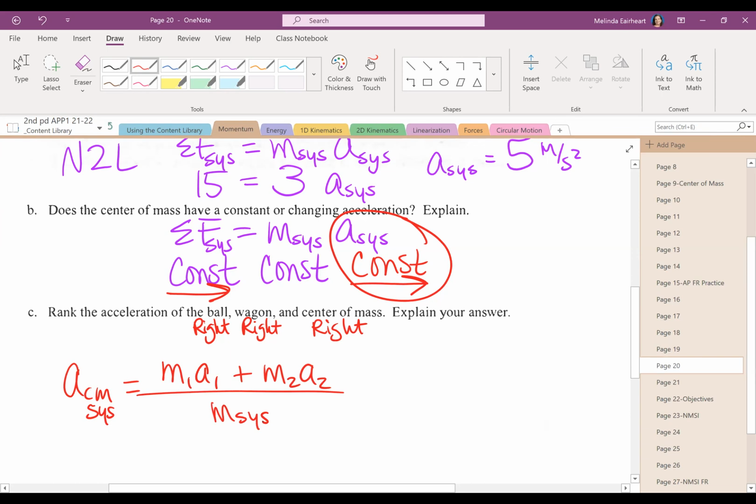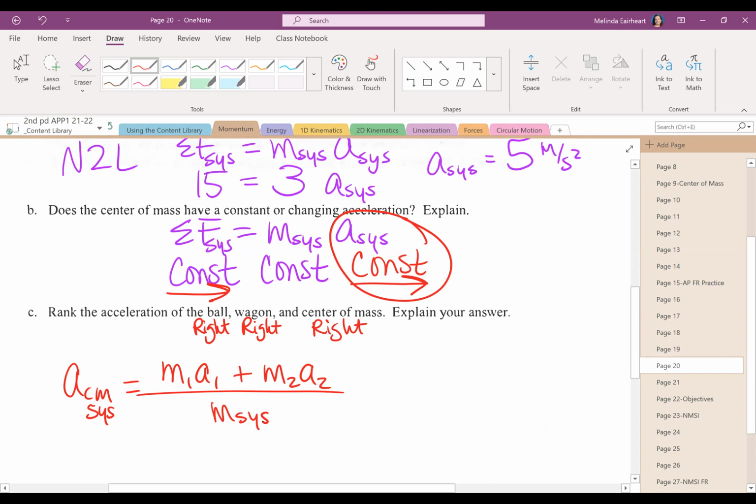So we had mass weighted position as our center of mass equation. And then later we said, oh, well, your system, you can do the same thing for velocity. Well, guess what? You can do the same equation. It's a mass weighted average acceleration. Okay. And so we know something about the system center of mass acceleration. Now think about mass weighted average.